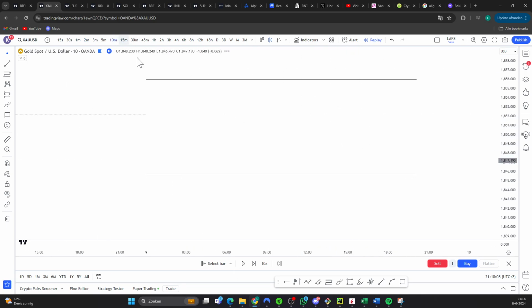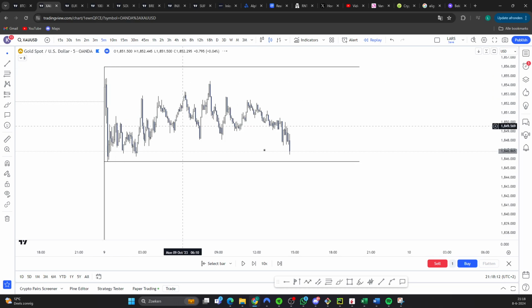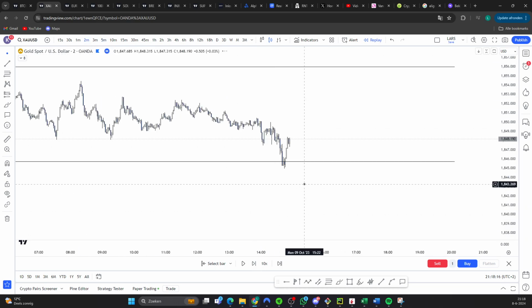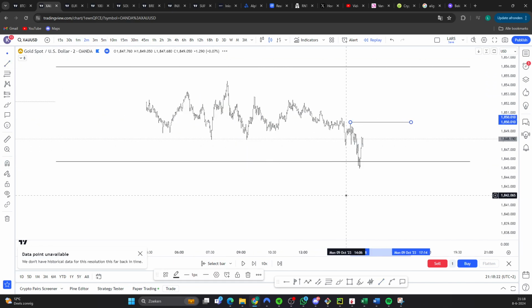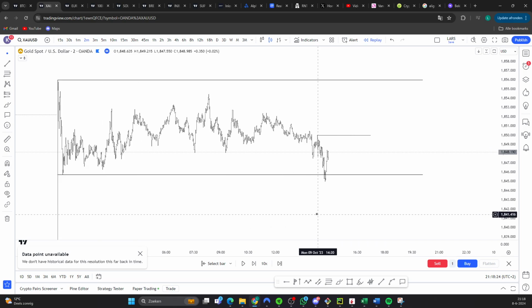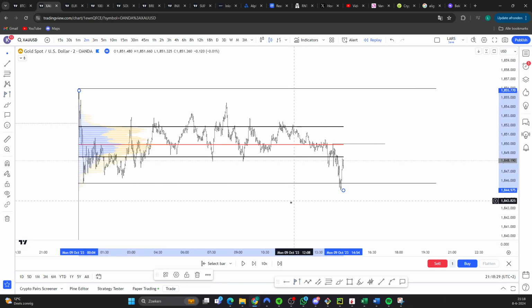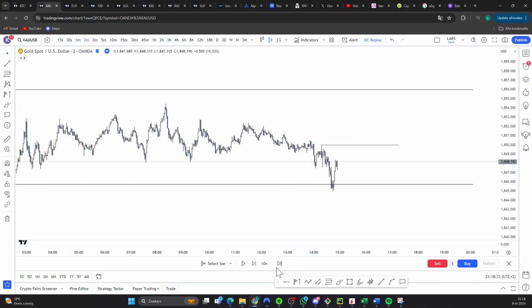Let's see if we can grab a long now. What's the time frame of this range? We're in a 5 minute range. This is definitely the high to break.